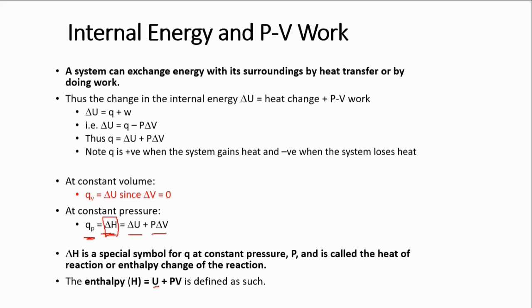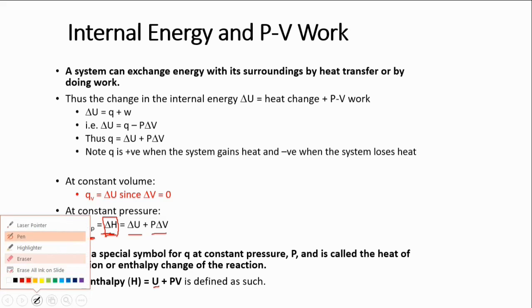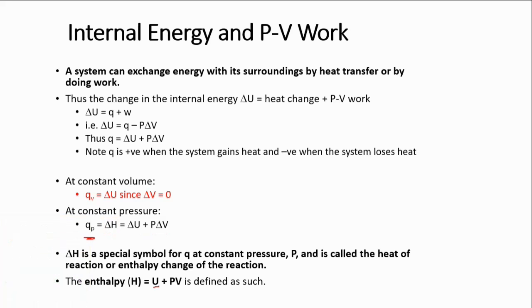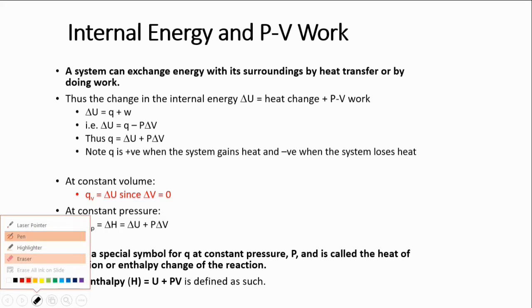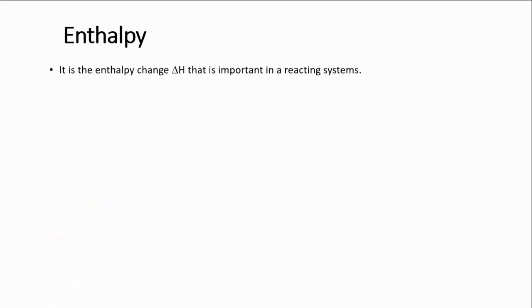And we said that enthalpy change is just a constant pressure heat, or the heat transferred at constant pressure. However, a more complicated definition is that enthalpy is the sum of the internal energy, alright, plus the product of pressure and volume. Alright? Okay.